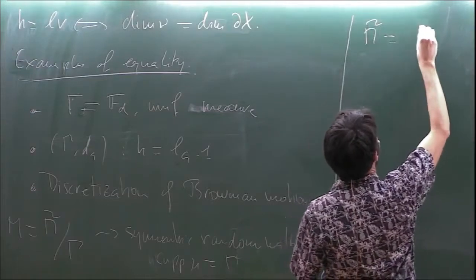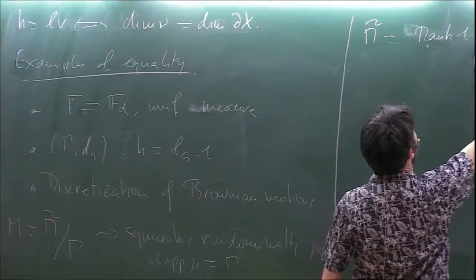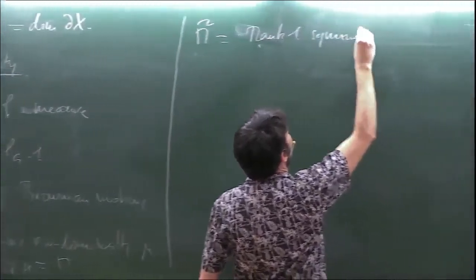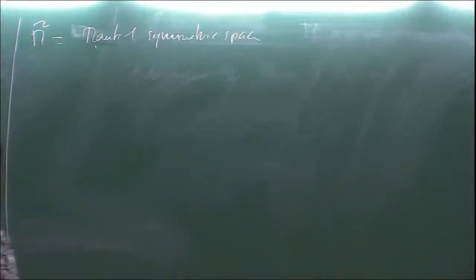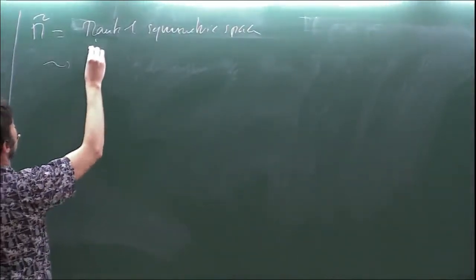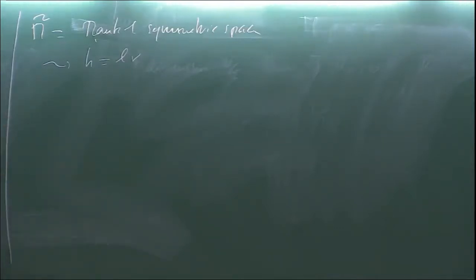N tilde a symmetric space, a rank 1 symmetric space. But here you see I have infinite support because it's the whole group.